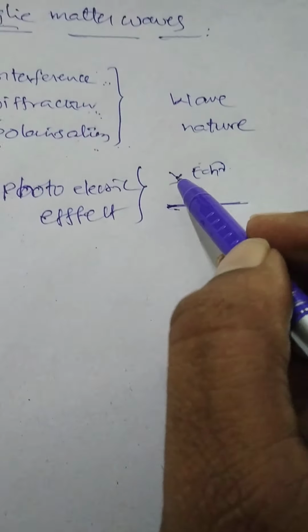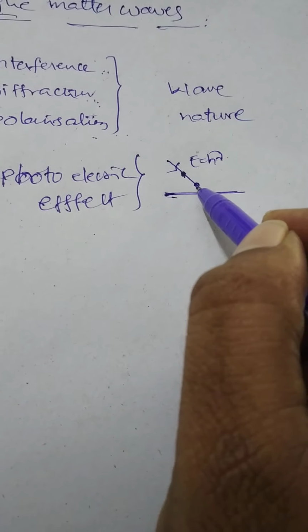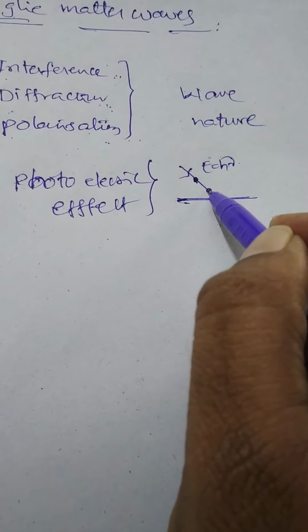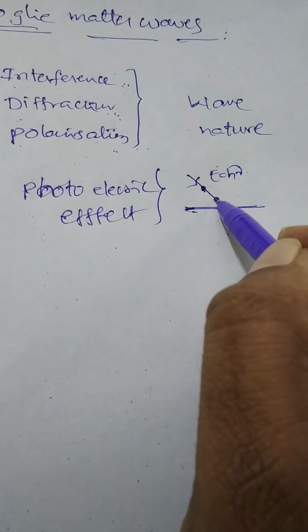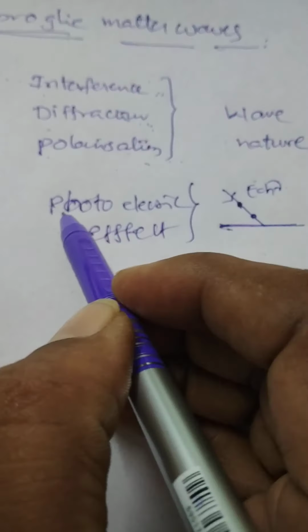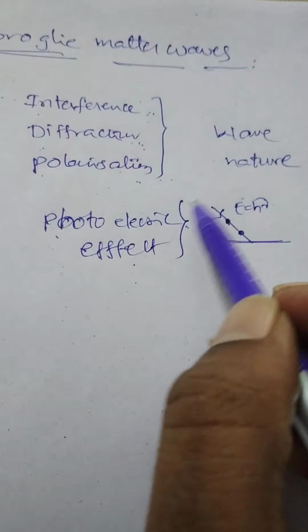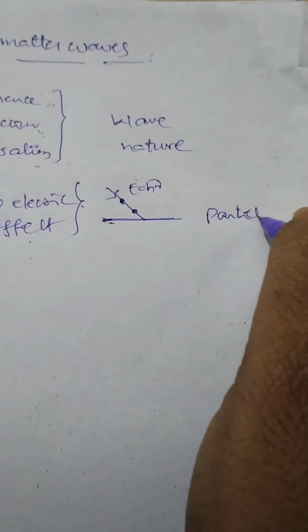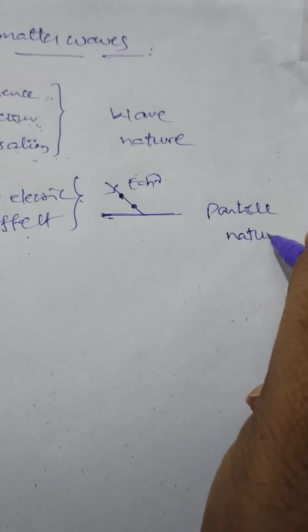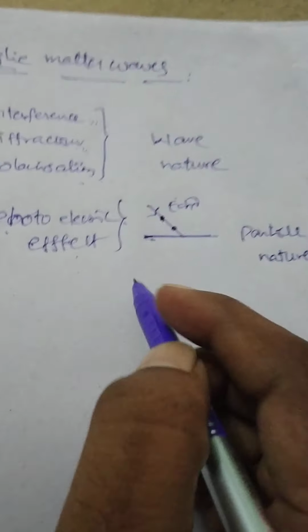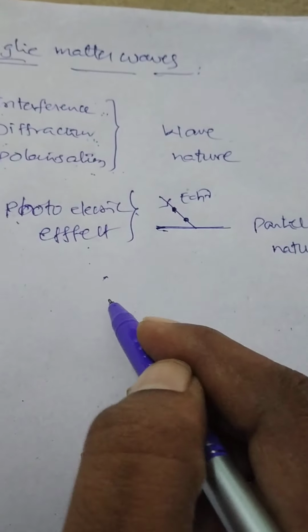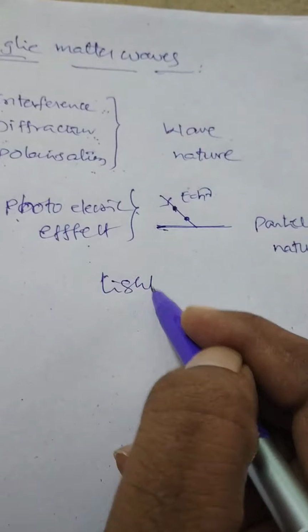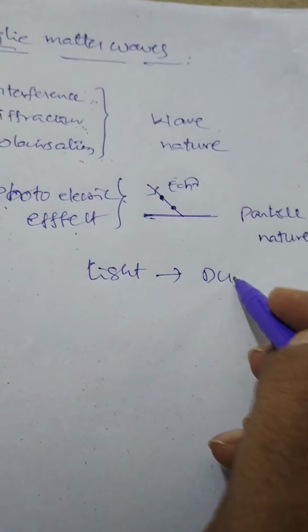So here the same light is taken in the form of particles like photons. Therefore, in explaining the photoelectric effect, the same light is treated as particle nature. That means light has dual nature.